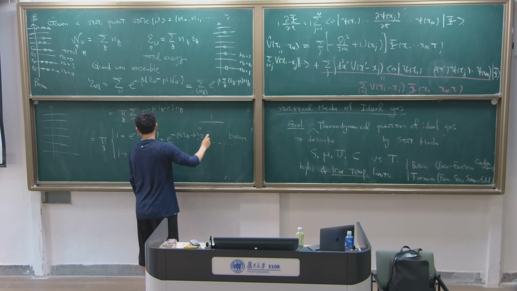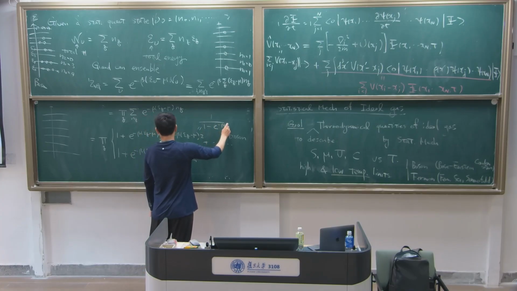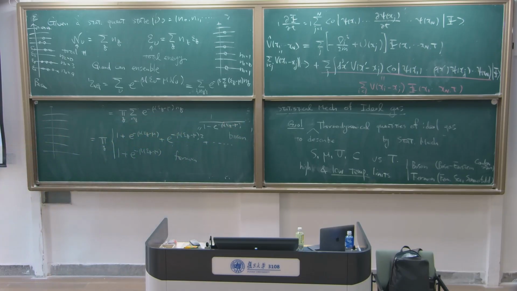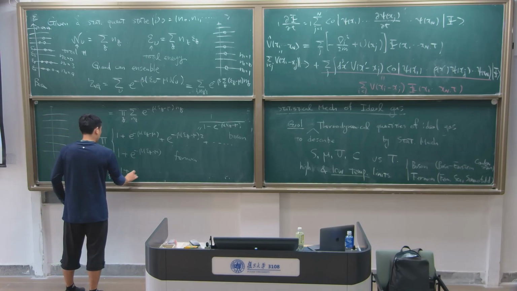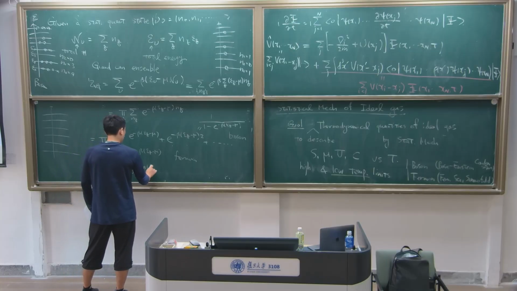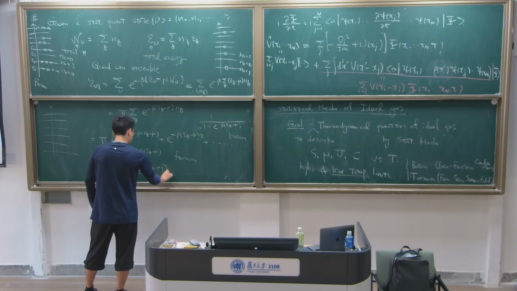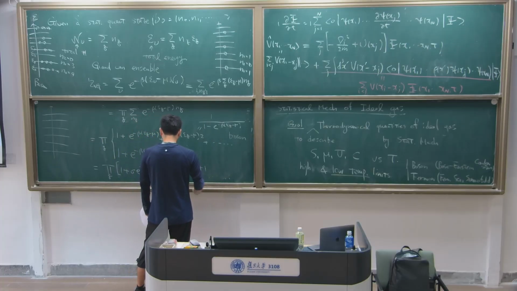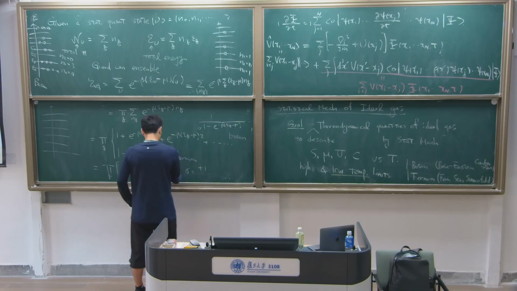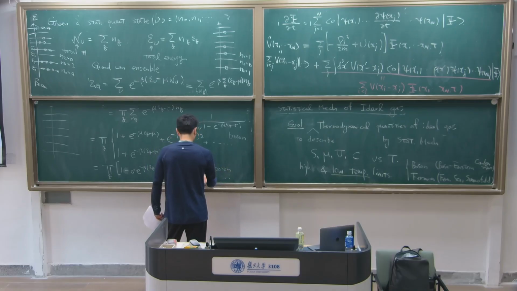And this is equal to, if you use the geometric series expansion, 1 over 1 minus e to the minus beta (epsilon_q minus mu). So in convention, you have the product over q of 1 plus sigma e to the minus beta (epsilon_q minus mu) to the power of minus sigma, where sigma is minus 1 for boson and plus 1 for fermion.